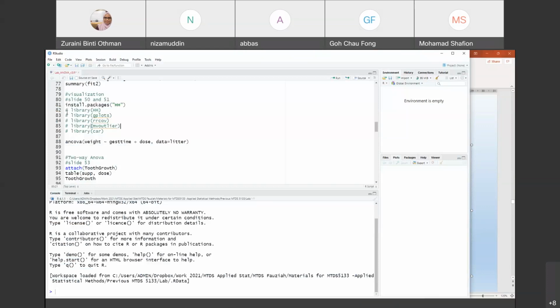Okay, let's begin. The first thing that you have to remember, no need to remember, in the first slide they mentioned that for this analysis of variance you have to use library HH, ggplot, rrpop, MPV outlier and car.